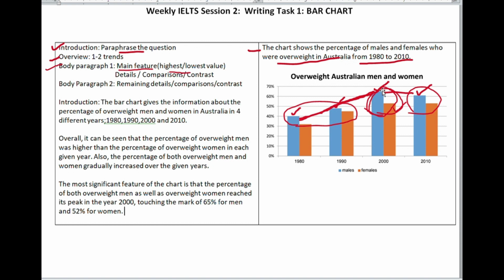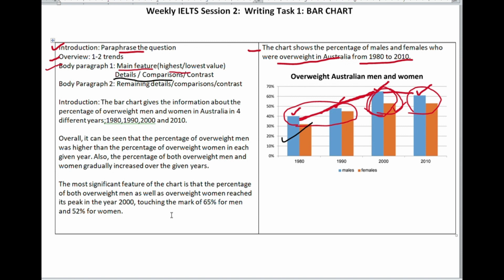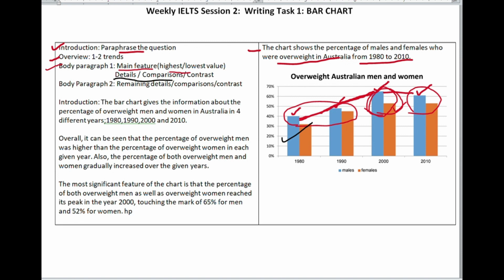After that, we'll start comparing the data and contrasting the data. We start from the first year. However, in 1980, we use however because the data here is totally opposite.